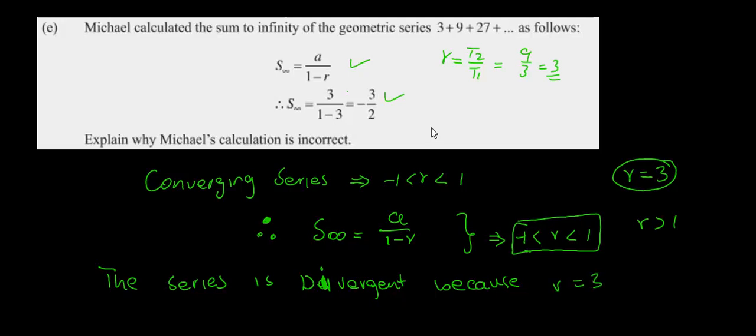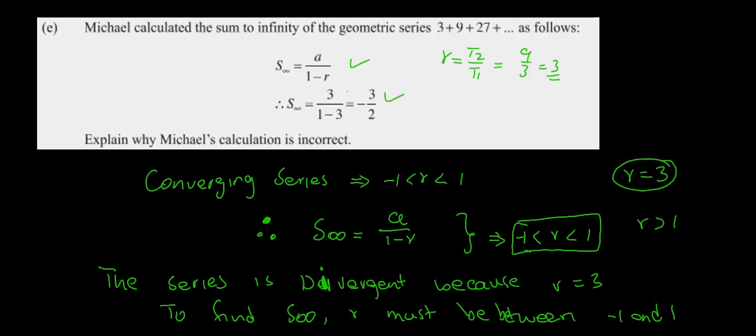Since we have r as 3, we know that to find the sum to infinity, the value of r must be between minus 1 and 1. This should be your answer. We cannot find the sum to infinity for this series. Why? Because the value of r is 3, which is greater than 1.